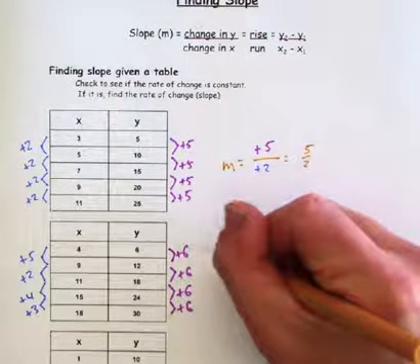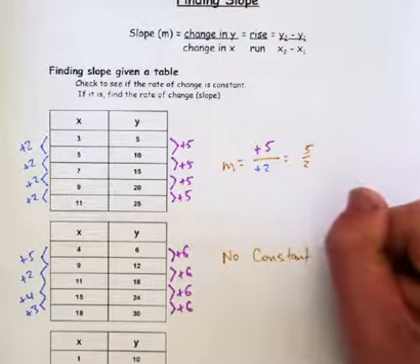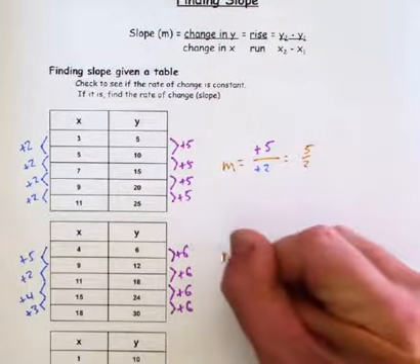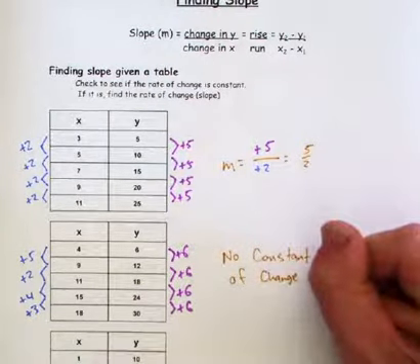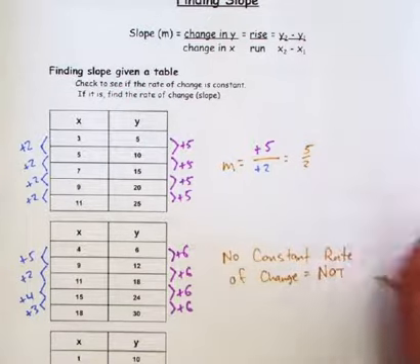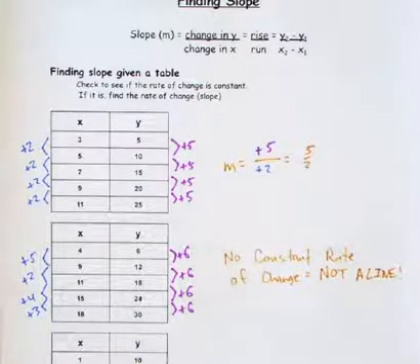So there's no constant rate of change. What this means is this is not a line. Not a line, okay? So that means you can't find the slope because it's not actually a line, right?